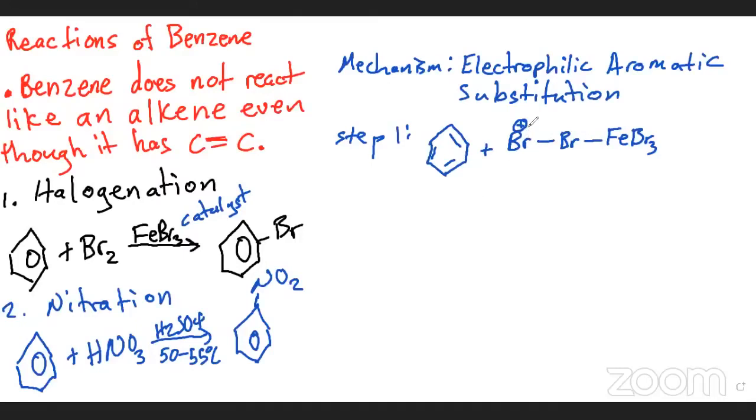This one will develop a slightly positive charge, so just put a positive charge on it. Once that is done, just like with alkenes, the double bond will attack this. It is basically removing the bromine from this complex.